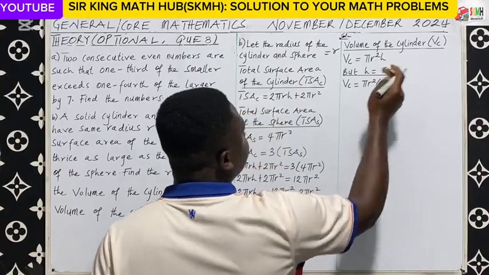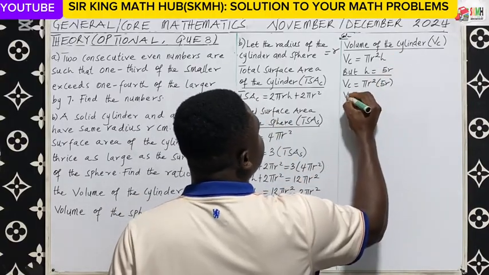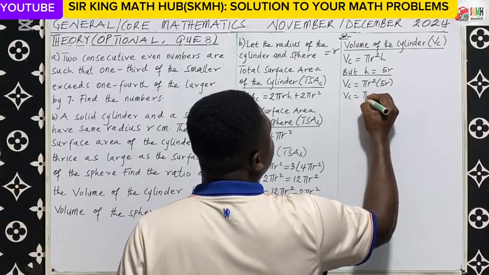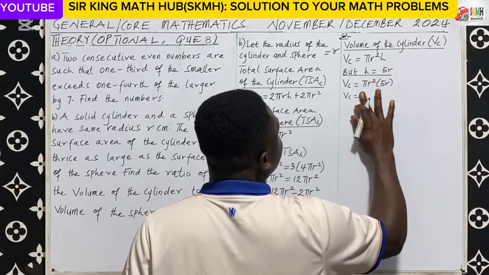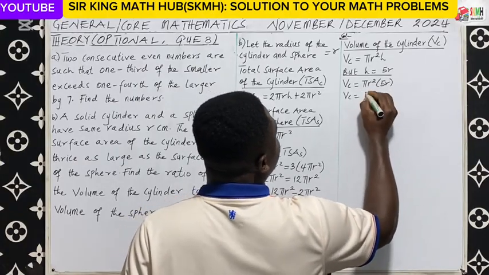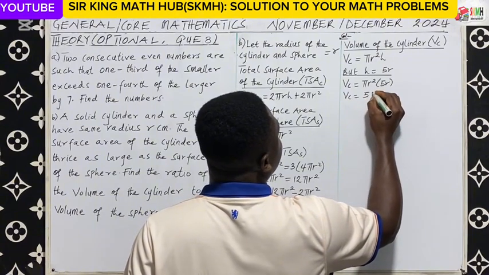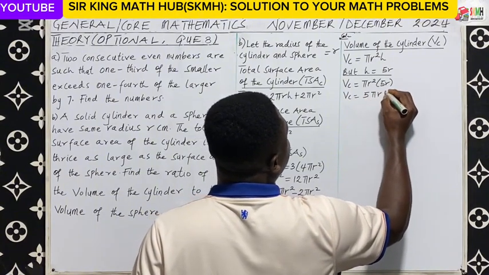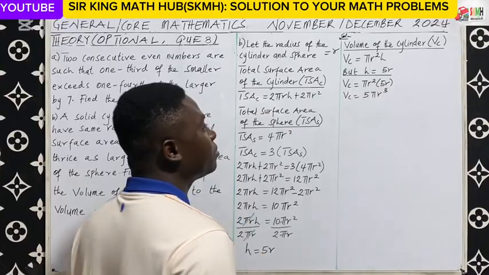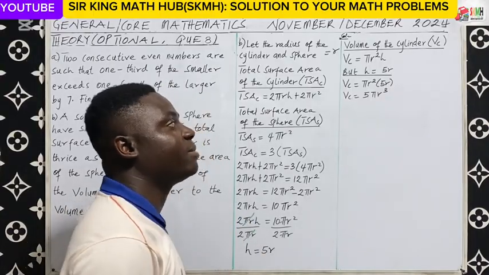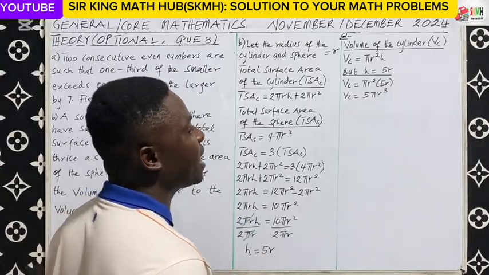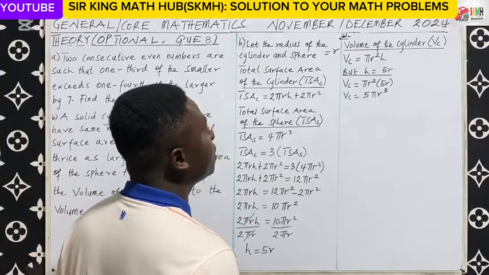That is in place of h, 5r. And this is simplified as 5 pi r cubed. So pi r squared multiplied by 5r, we have 5 pi r cubed.